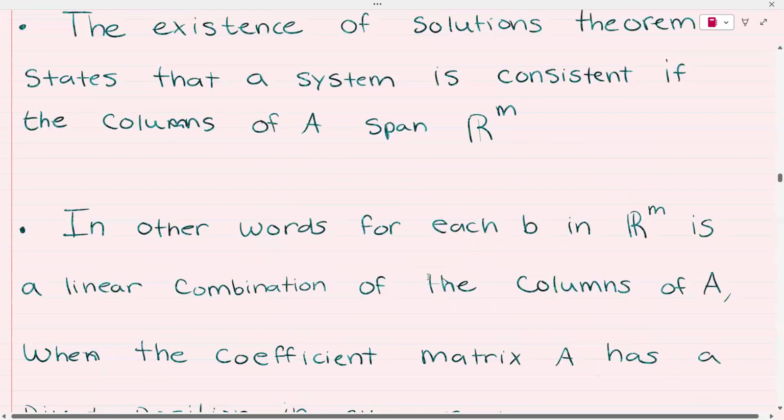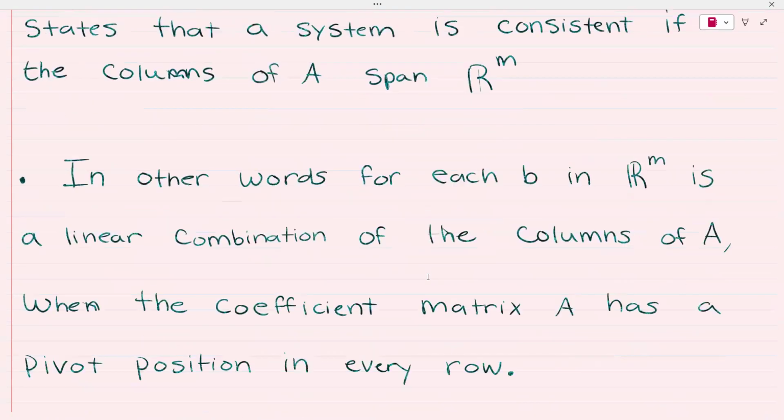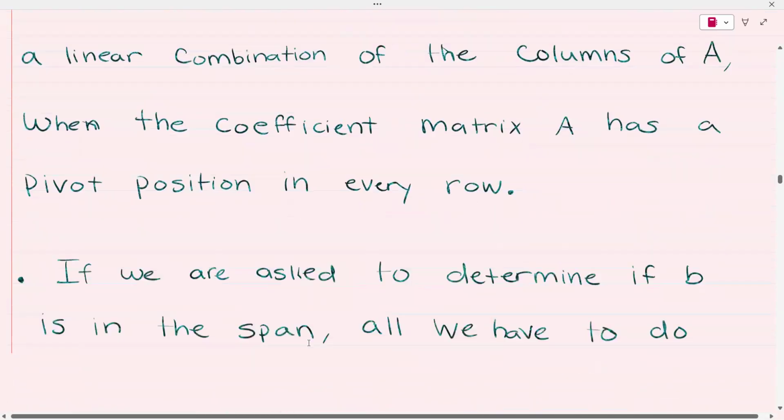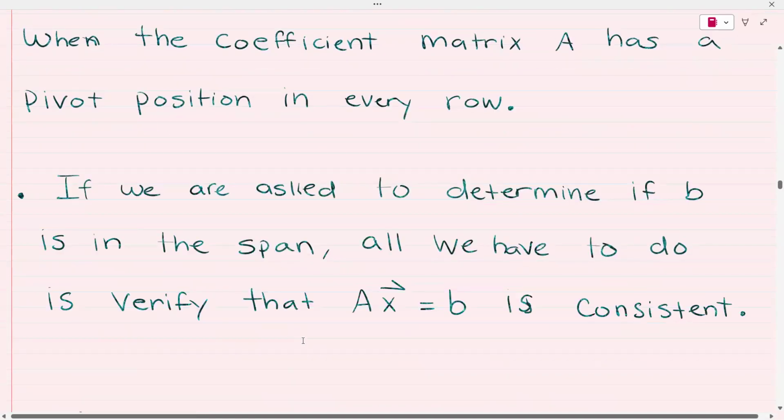In other words, each B in R^m is a linear combination of the columns of A when the coefficient matrix A has a pivot position in every row. So if we were asked to determine if B is in the span, all we have to do is verify that A times vector X equals B is consistent.